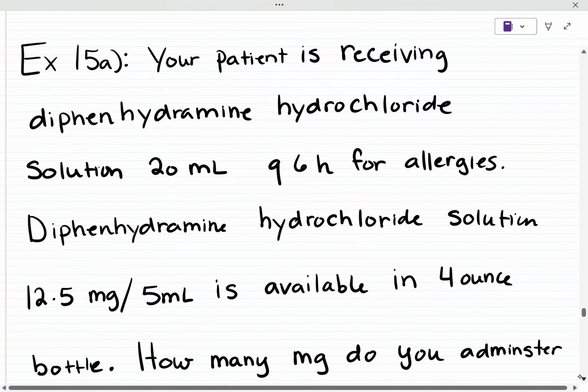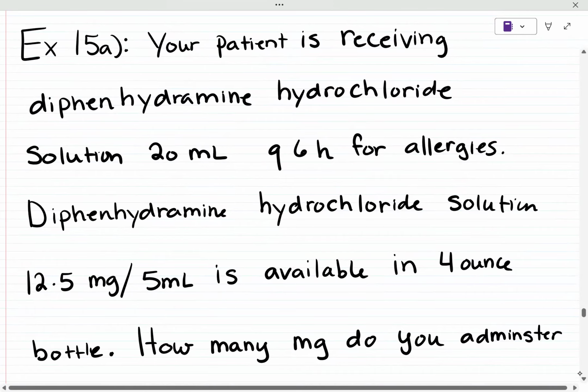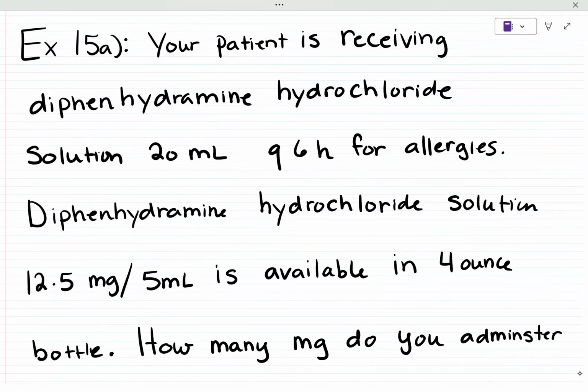For 15A, your patient is receiving diphenhydramine hydrochloride solution of 20 milliliters Q6H for allergies. Availability is 12.5 milligrams per 5 milliliters in a 4 ounce bottle. How many mg do you administer per dose, rounded to the nearest tenth?